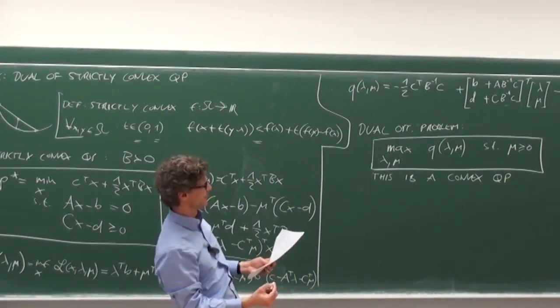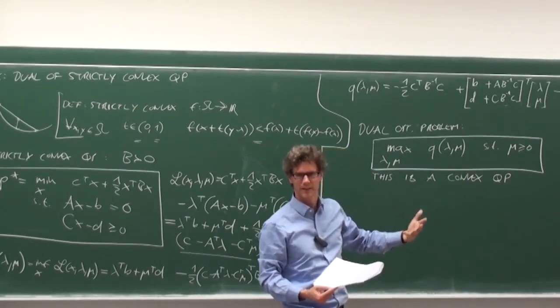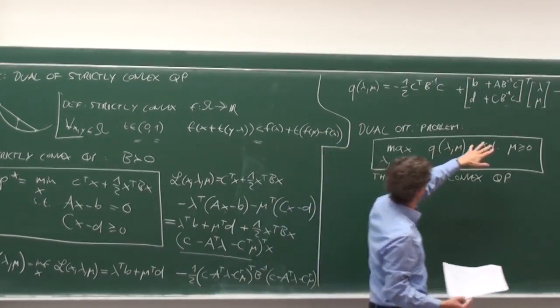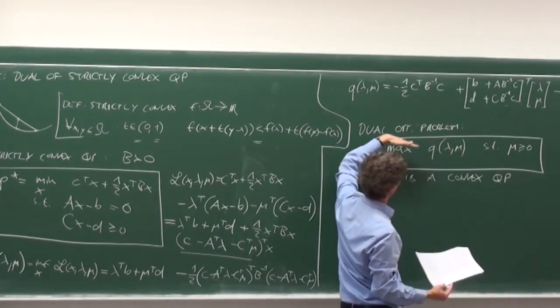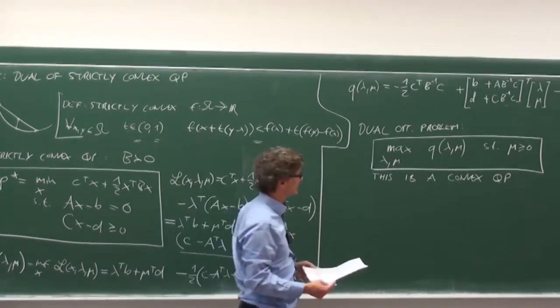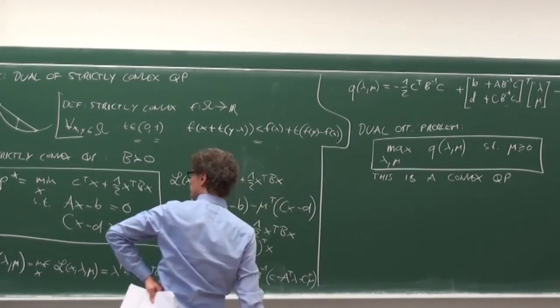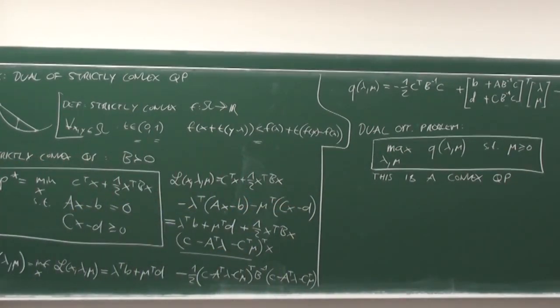Okay, I call it a convex QP. You might say, no, this is not convex, this function is concave, right? But of course it's a concave function that I maximize, so it's equivalent to minimizing a convex function. And one thing that I want to point out here is we proved already that this dual function is, where did we prove it?